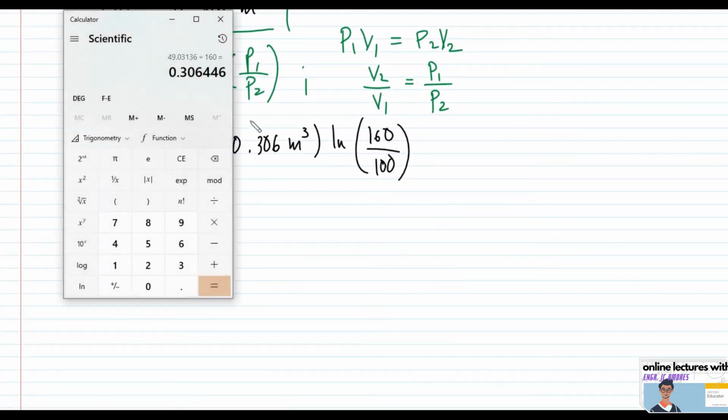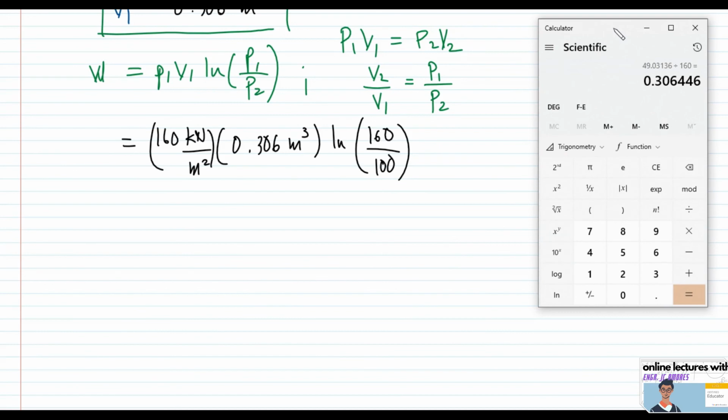So on the calculator, we have 160 times 0.306, and then times 160 divided by 100, then the natural logarithm of that.